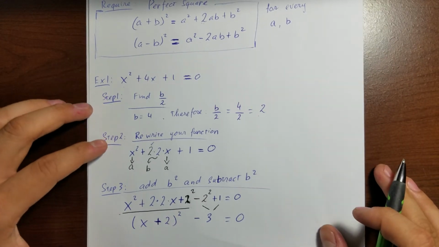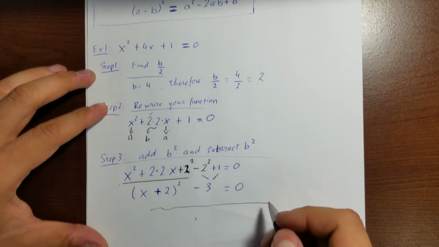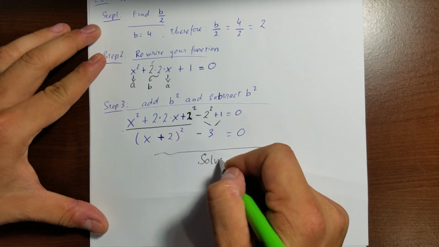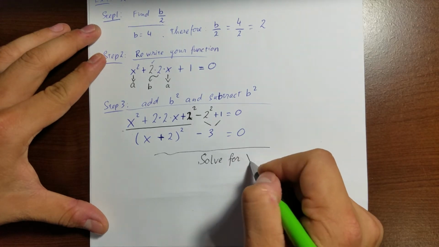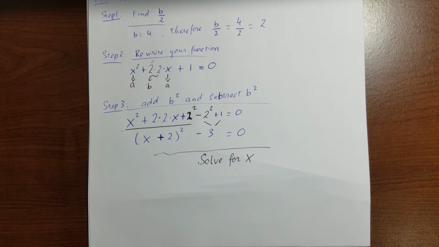So now you may ask, how do you solve for x? Solving for x is not much different between my way, the college way, and Miss Lorraine's way at all.